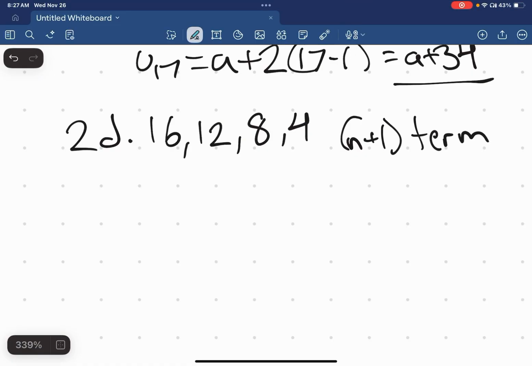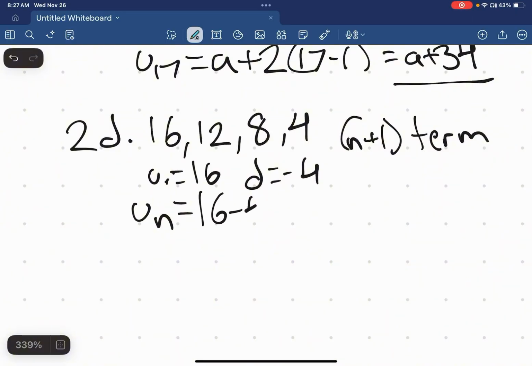So before we complicate things, let's get this solved out. Our u1 term is 16, our common difference is 4, or I should say -4. So we can already write out a general term of un is going to be equal to 16 minus 4 times n minus 1.